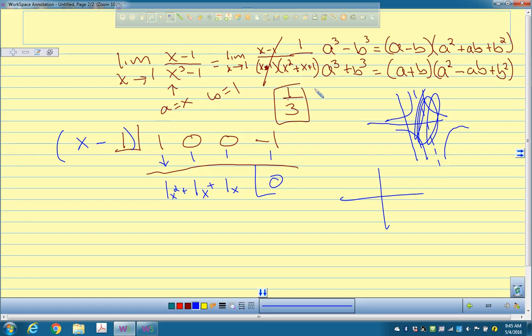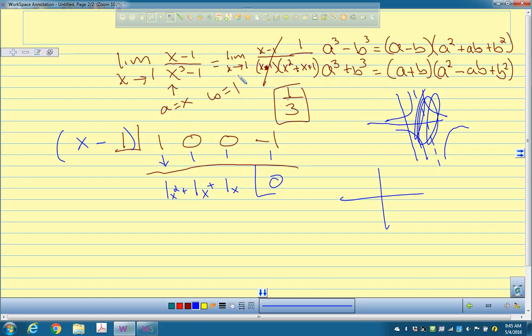Yes, sir. I was just wondering how you got 1/3. I plugged in 1 into this reduced form of the equation. So you would plug in 1 over 1 plus 1 plus 1, right? 1 plus 1 plus 1 is 3, right? When you plug in, how did you get plus x instead of minus x?